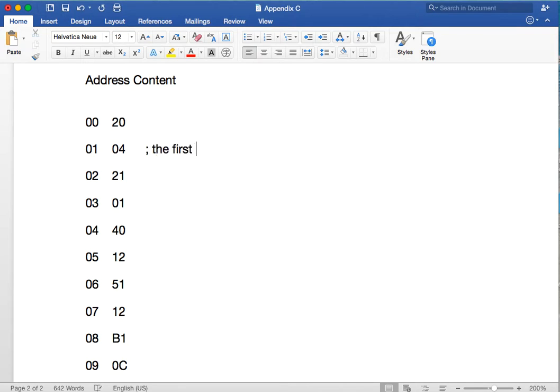The first instruction is 2004. The second instruction is 2101. So every two bytes is 1 instruction, because he said the program counter contains 00. That means your program starts from address 00.